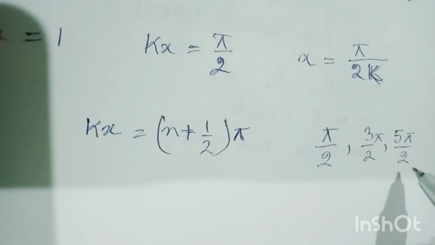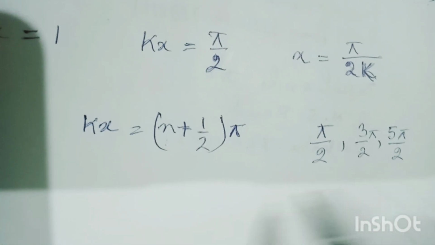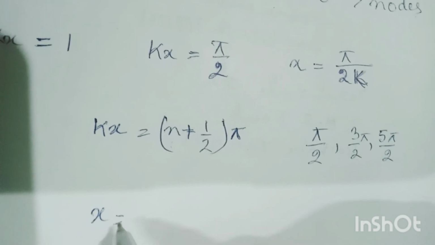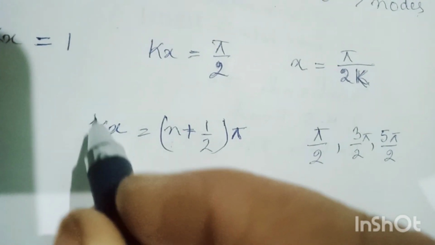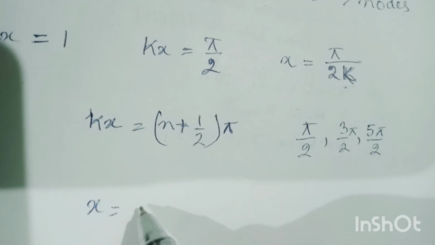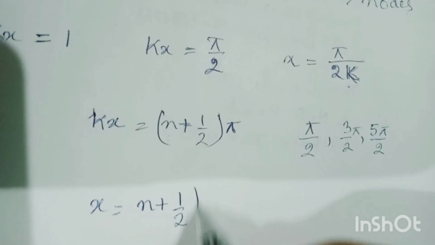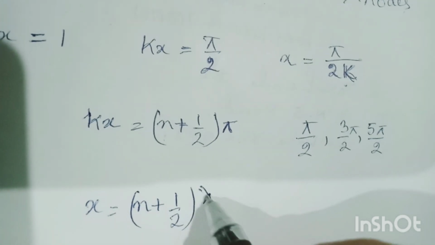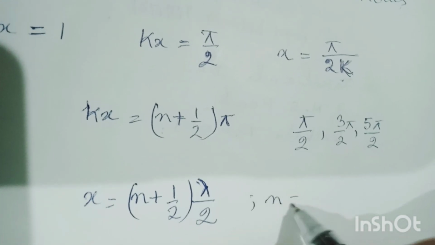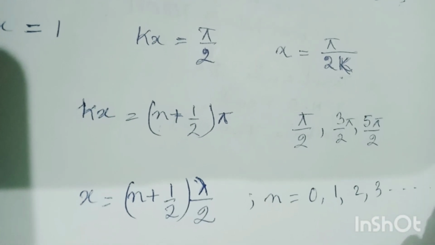In all these values, every time sine has its maximum value. So x can be found by putting in the wave number: x is equal to (n plus half) lambda by 2, where n is equal to 0, 1, 2, 3, and so on.